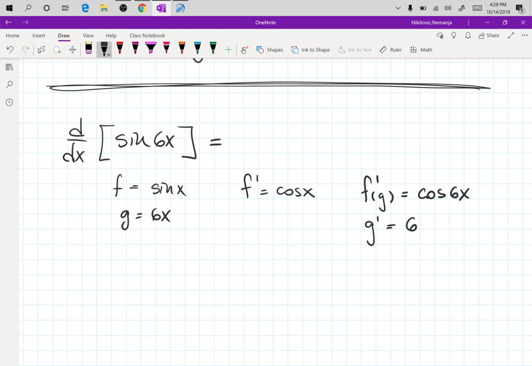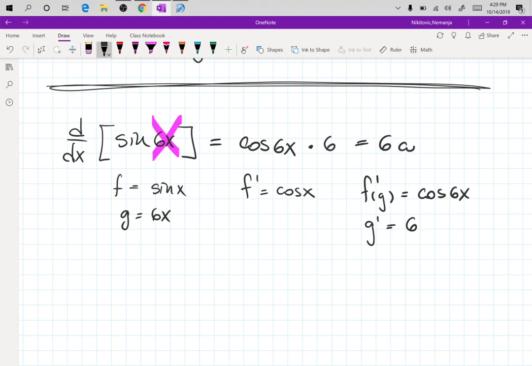So, some students like to do this. In my mind's eye, I only see sine of x. So the derivative of sine is cosine, and just put whatever is under the pink x, and then times the derivative of what's under the pink x, which is 6.